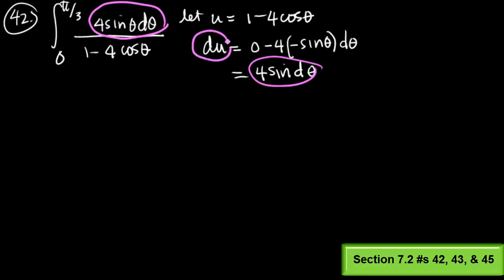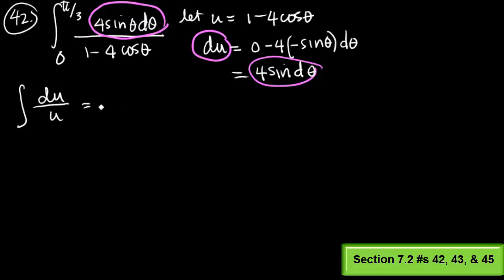So that's your du. Let's go ahead and rewrite everything. Now it becomes the integral. Remember, whenever I've already done my substitution, I don't put the limits of integration because this is in terms of u. What we have so far is that's your du on top, and you have u at the bottom.